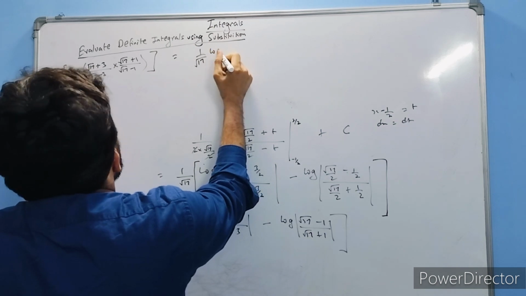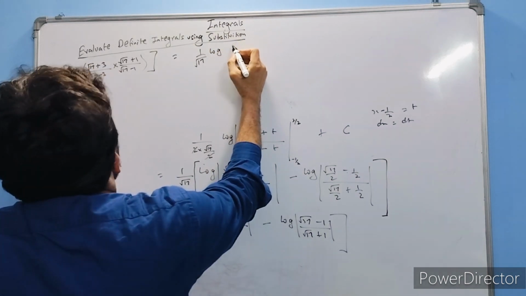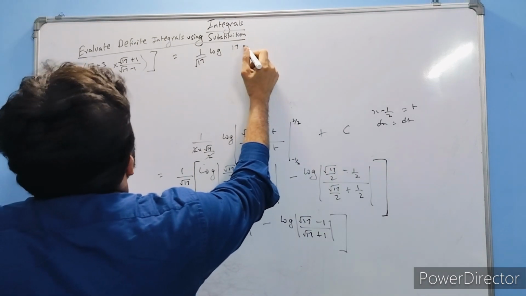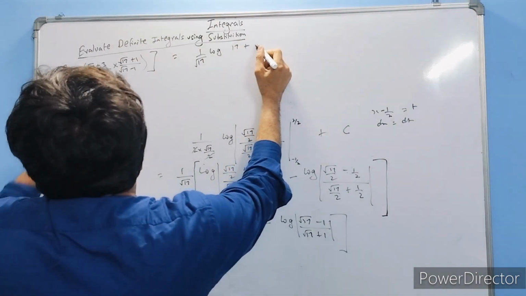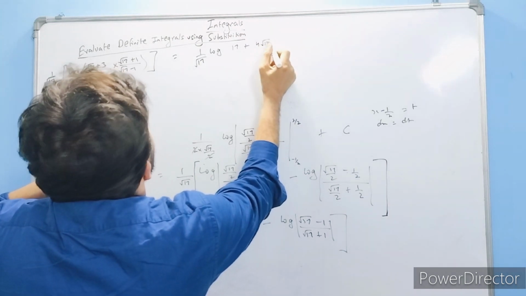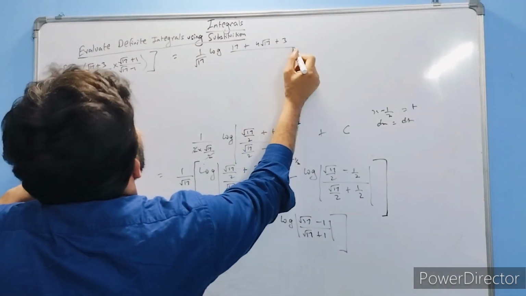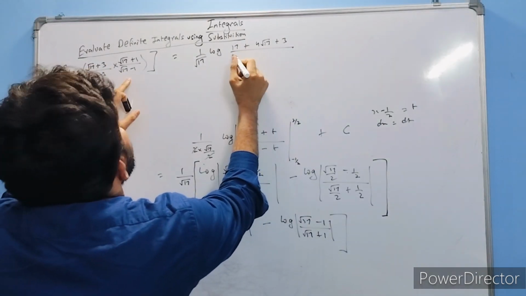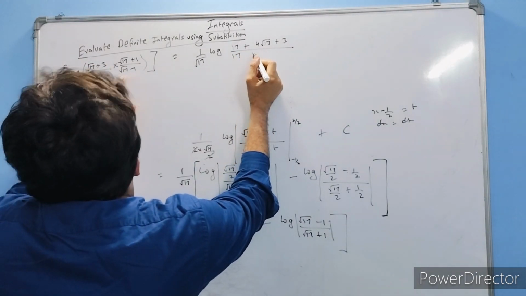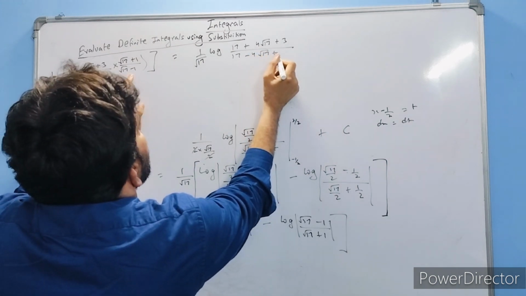So now what I got here is, if I multiply this, what will I get? We have log root 17 into root 17, so it will be 17 plus root 17 plus 2, it will be 4 root 17, and plus 3 upon, similar here, 17 minus 4 root 17, and it will be plus 3.